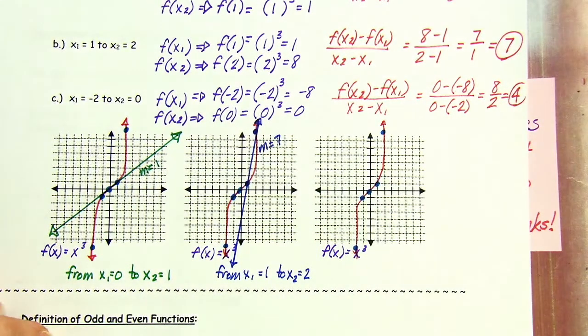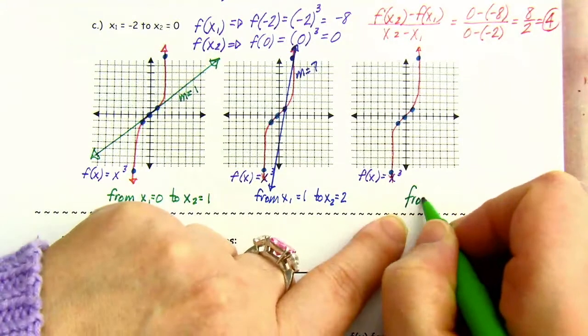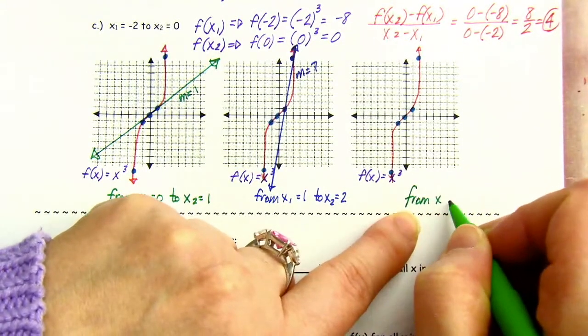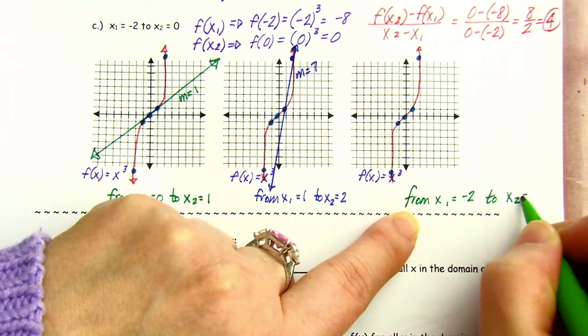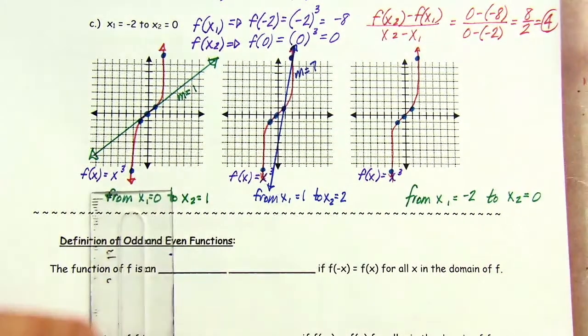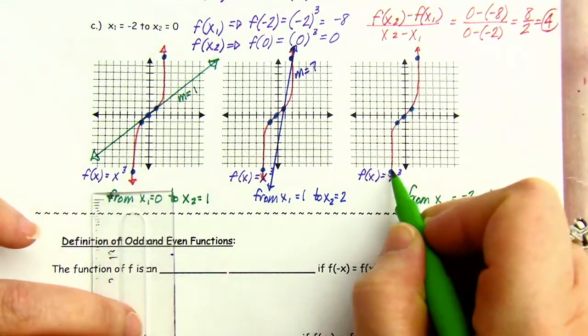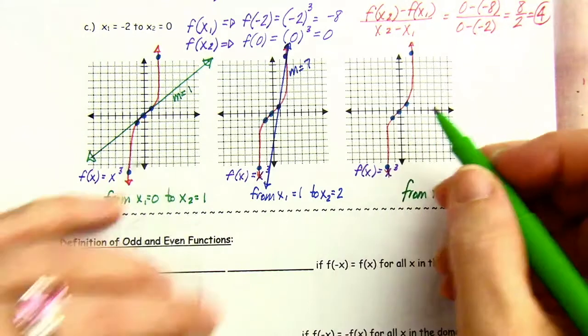Last one, I'll go back to the green. From x sub 1 equals negative 2 to x sub 2 equals 0. All right, so which point is x is negative 2? This one down here. And 0, that's this one here.